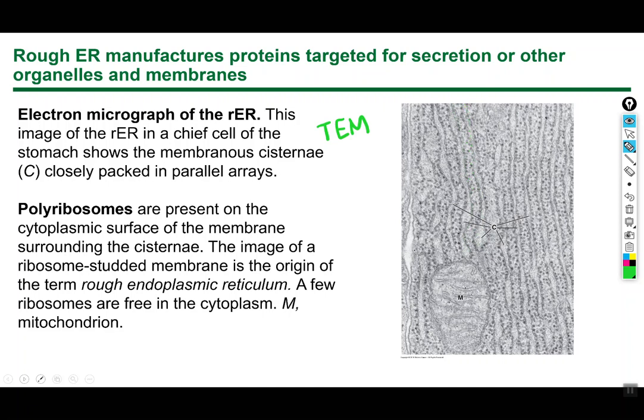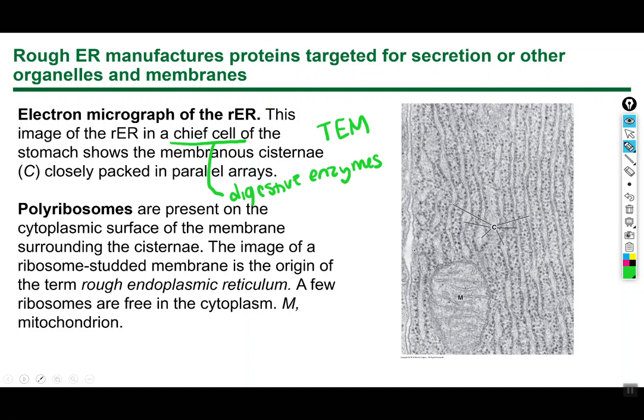So these happen to be in the chief cell of the stomach. So the chief or zymogenic cells make digestive enzymes, not acid. So they're also called zymogenic cells because they make enzymes.